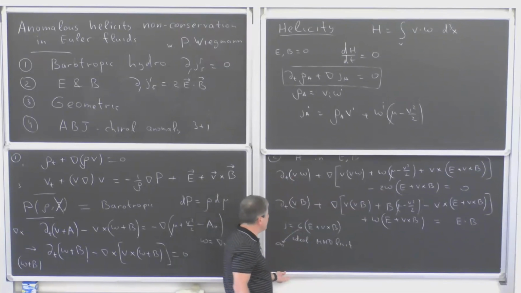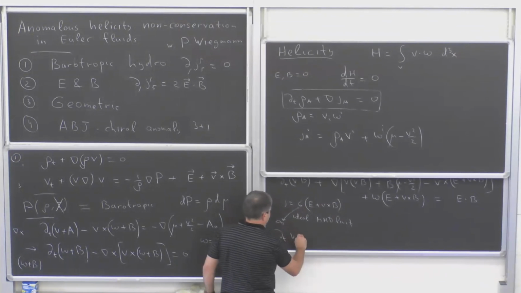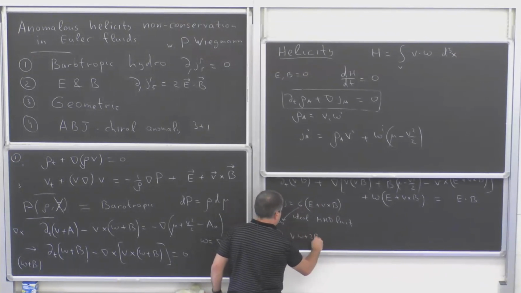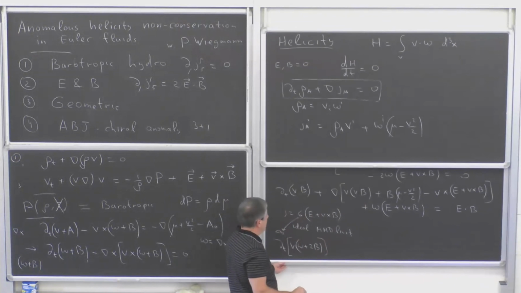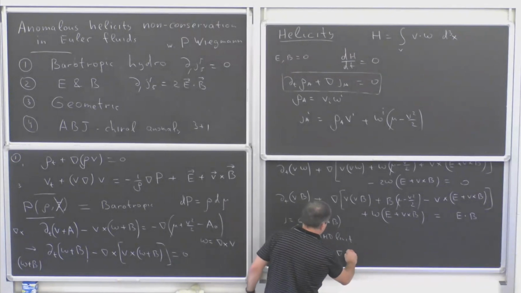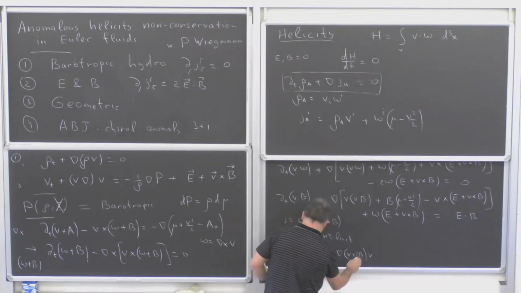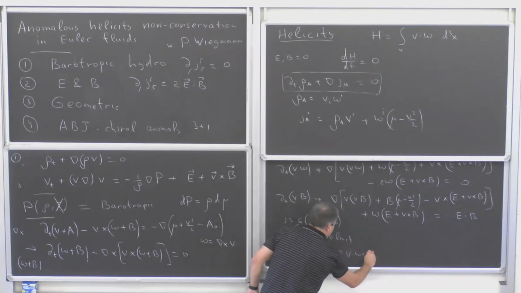And this is what I obtain: d_t of v·(omega plus 2b), some very weird combination, and then plus the divergence of (v·(omega plus 2b)) times v.